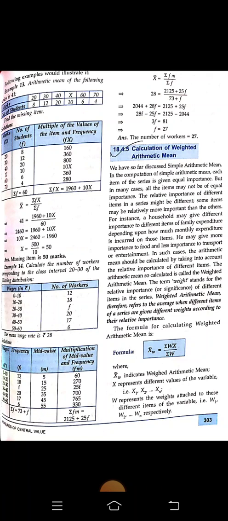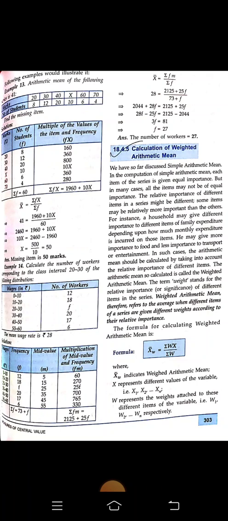For instance, a household may give a different importance to different items of their family expenditure depending upon how much monthly expenditure is incurred on those items. So weighted arithmetic mean therefore refers to the average when different items of a series are given different value or weight according to their relative importance.